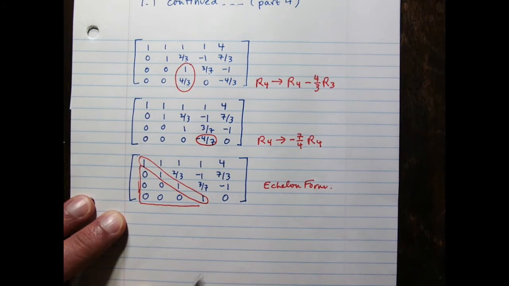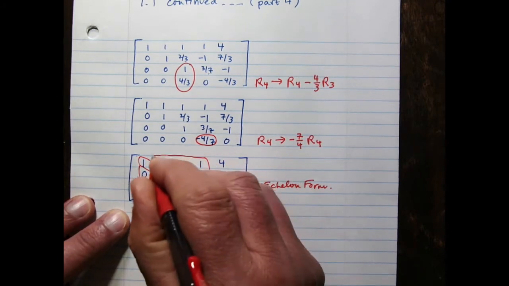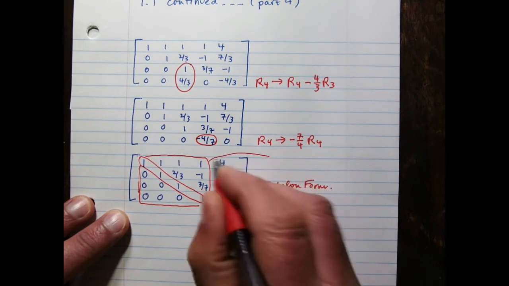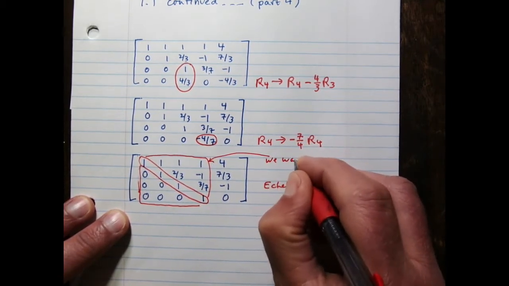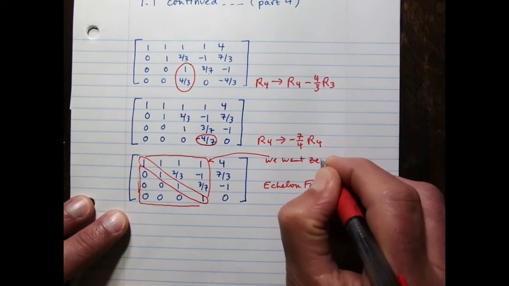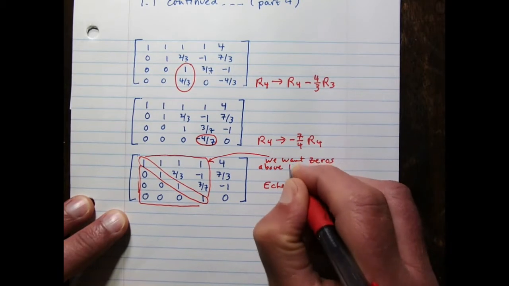That's what we've been working on. We're going to continue the process. We're not done yet. We now want to get 0s above the diagonal 1s.